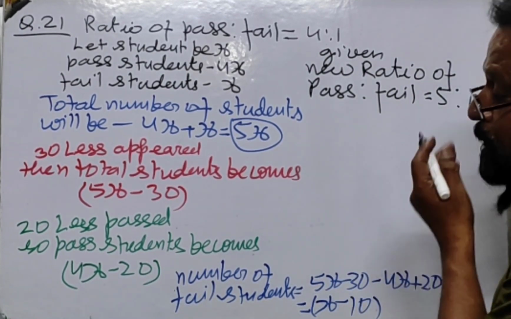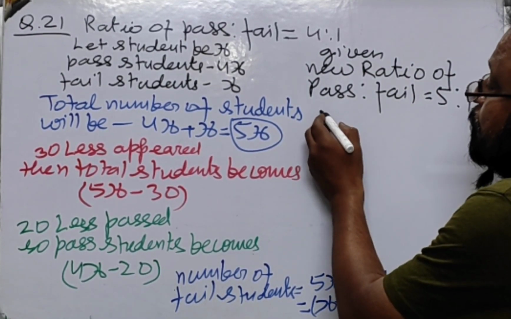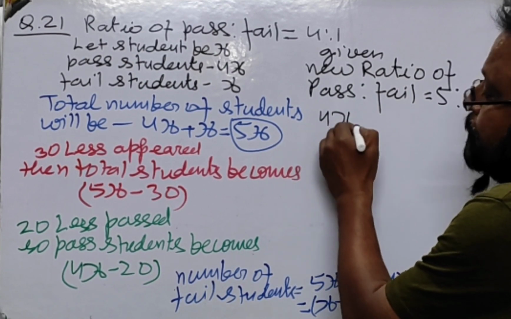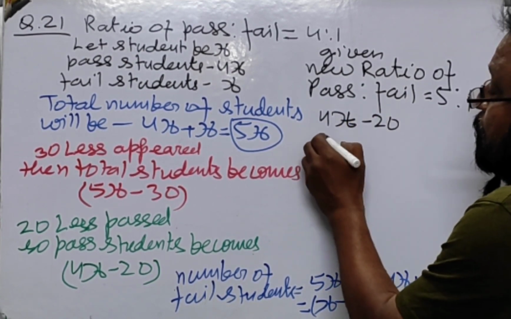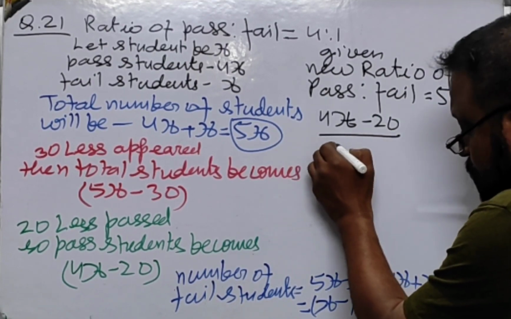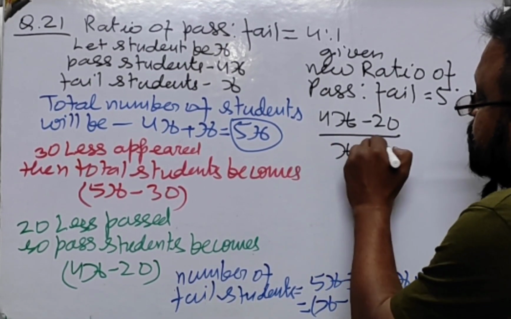So pass is how many? 4x minus 20. Fail is how many? x minus 10.